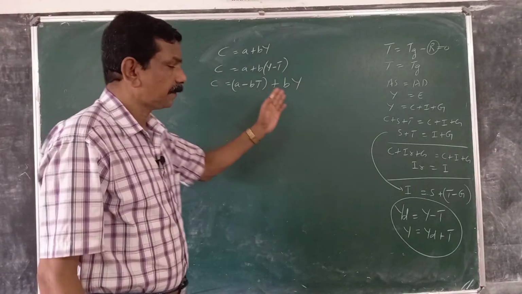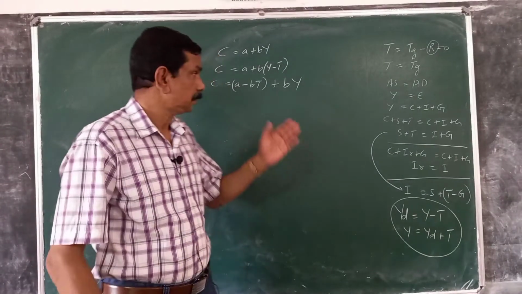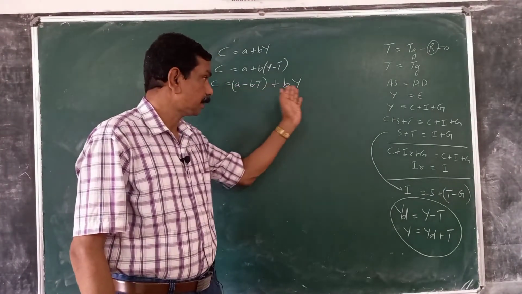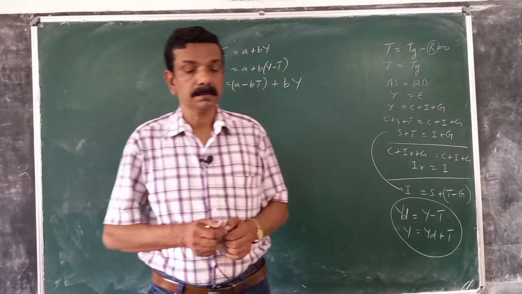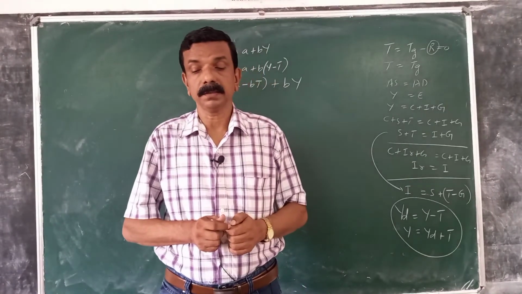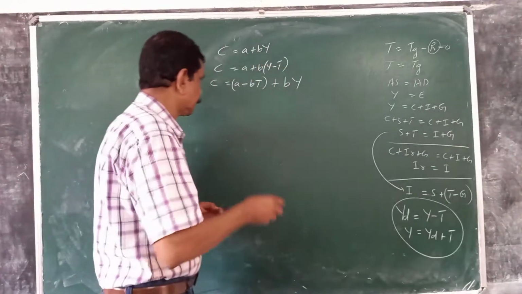Now it is C is equal to A minus BT plus BY. The consumption function is different.